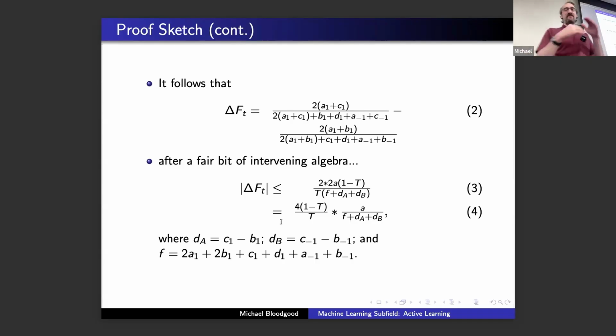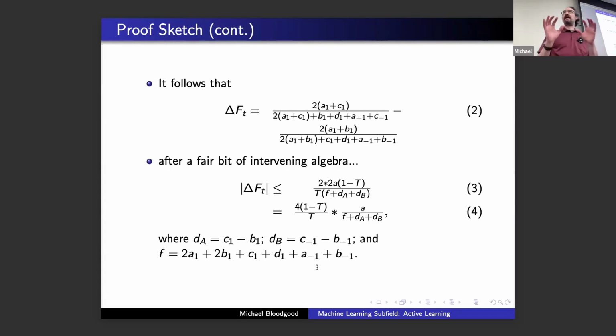So that's a little bit of an abbreviated explanation, but in the paper you could also read this. There are many lines of math. But it comes to this times, but it's not done. It comes to less than or equal to this, 4 times (1 minus t) over t, times this fraction, where we substitute the values from the previous slide into f, d sub a and d sub b.